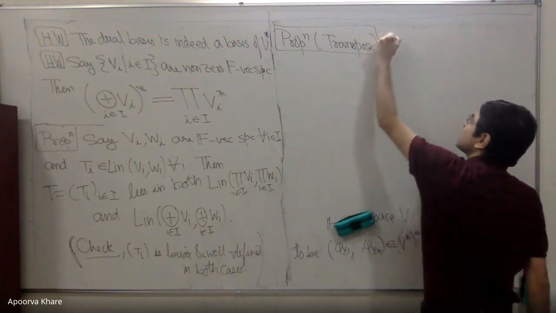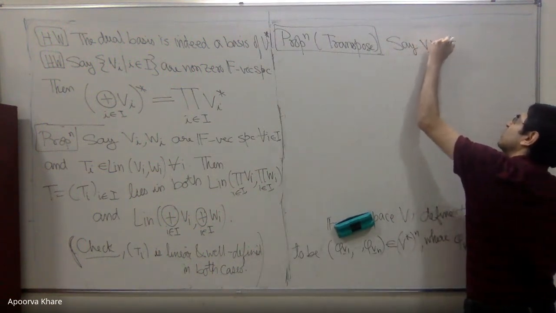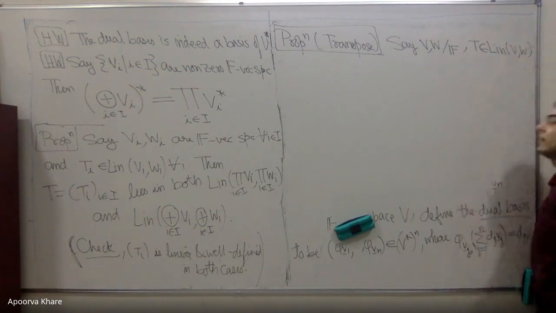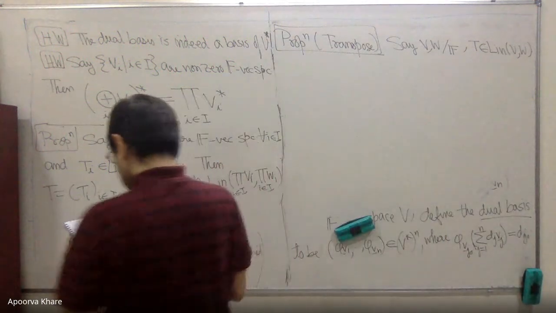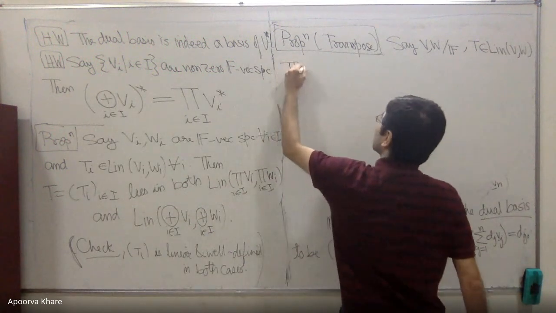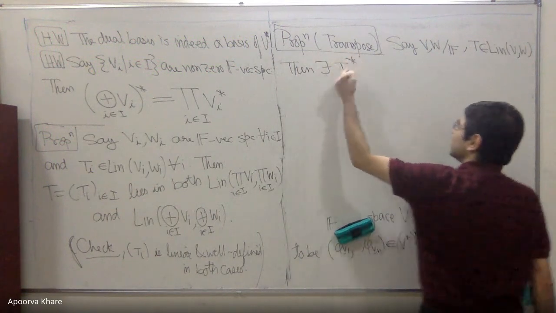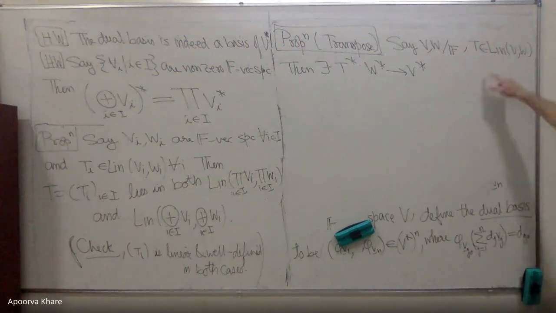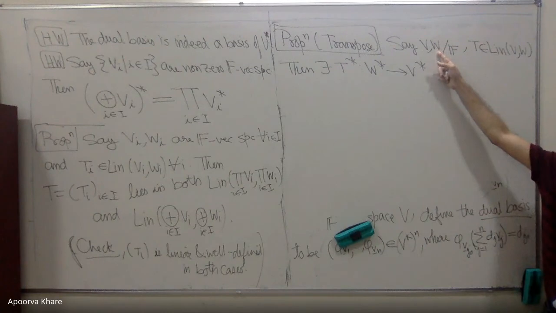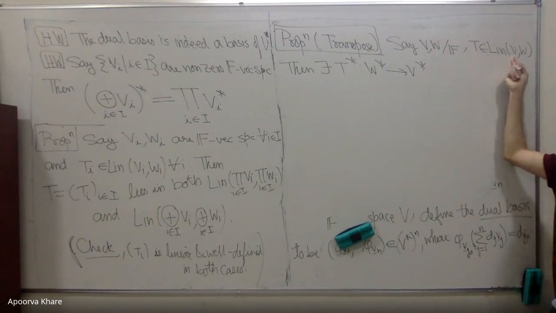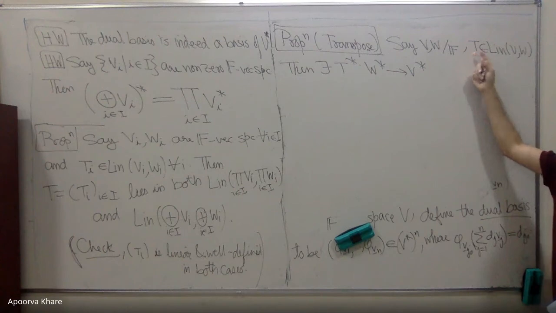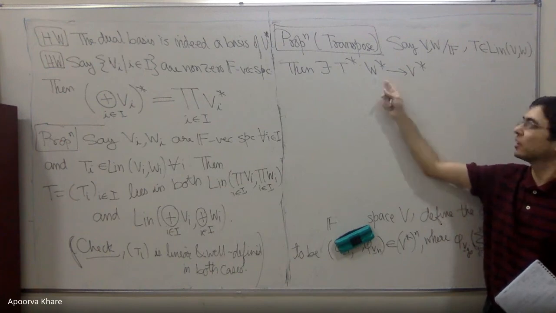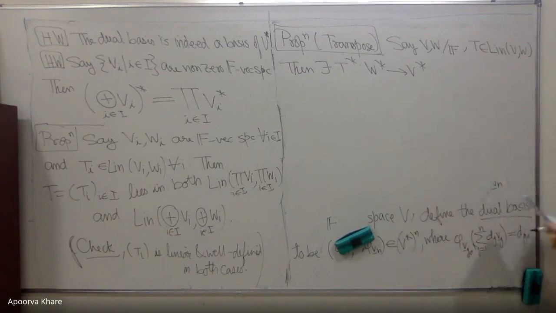So again, suppose we have two vector spaces, V and W over F, and T is a linear map. Then there exists a unique T star that satisfies, well, it's unique because of the definition. It goes the other way, from W star to V star. So for example, if V is n-dimensional and W is m-dimensional, then you have the space of m cross n matrices here. So this is an m cross n matrix. Then there exists an n cross m matrix going from Rm to Rn, row vectors to row vectors or whatever, such that something happens.